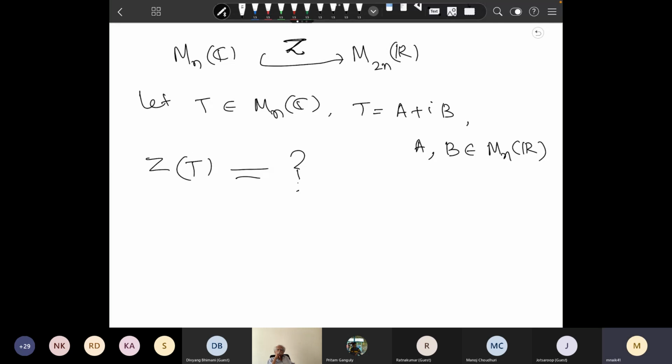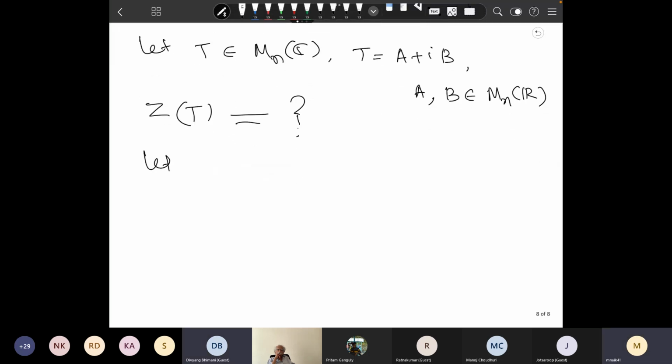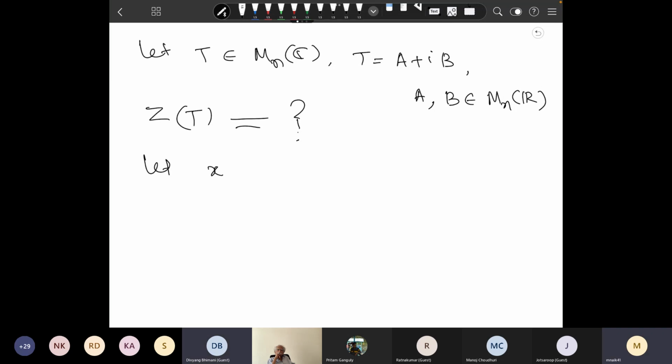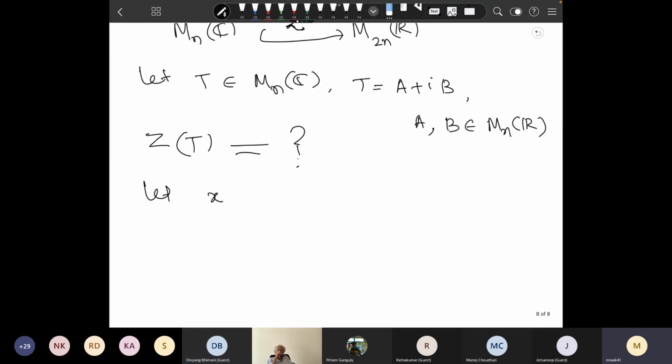I want to see what is the action of A plus iB on some specific element of C^n. So let x plus iy belong to C^n, x belongs to R^n, y belongs to R^n.